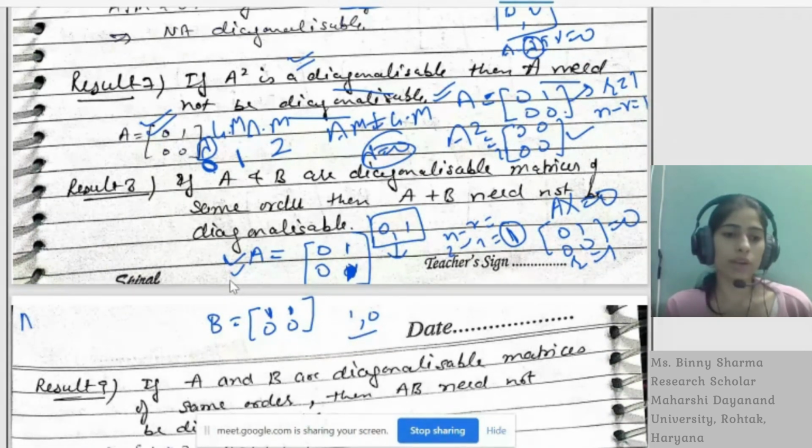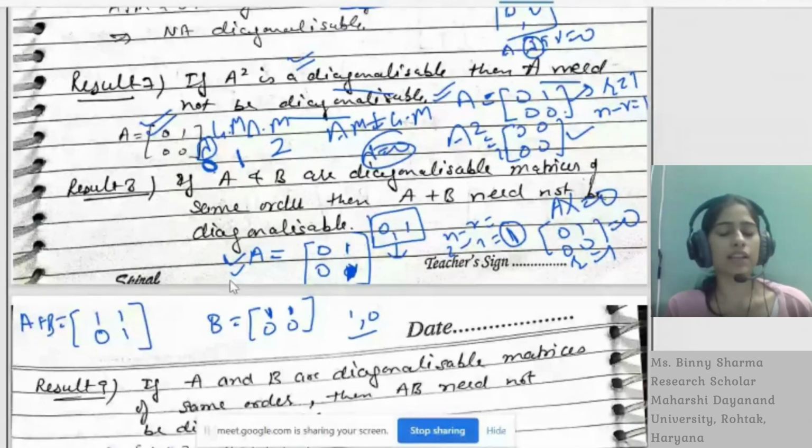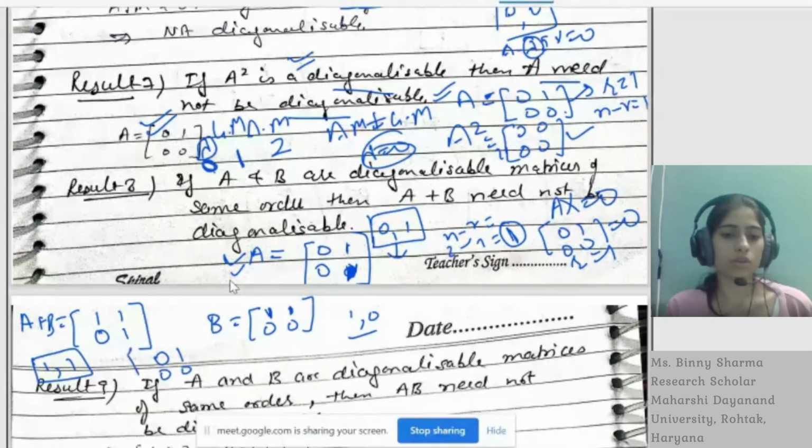But when we apply A plus B, what we get? [1, 1; 0, 1]. Its eigenvalues are 1, 1. Now we have to find its geometric multiplicity. So [0, 1; 0, 0].